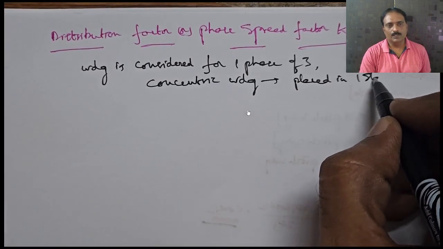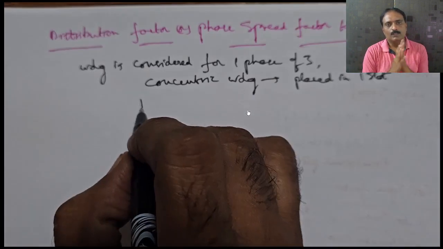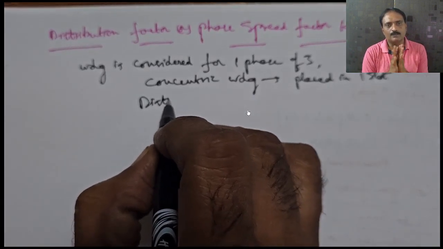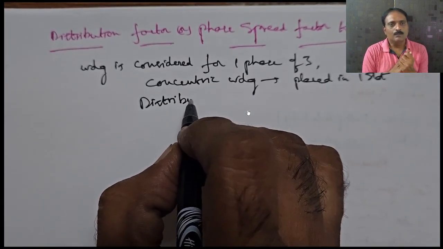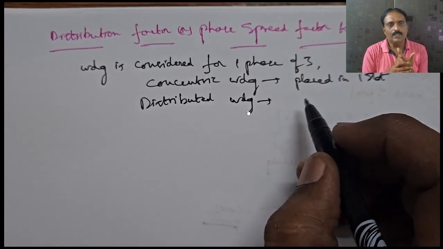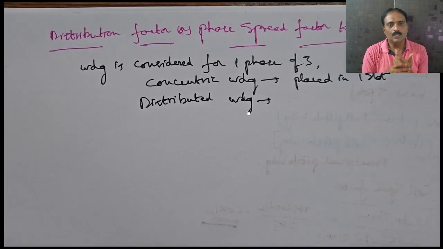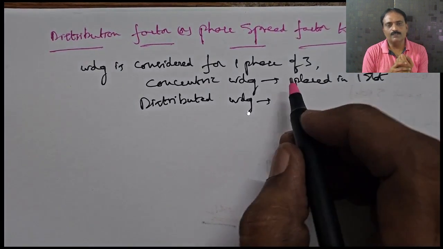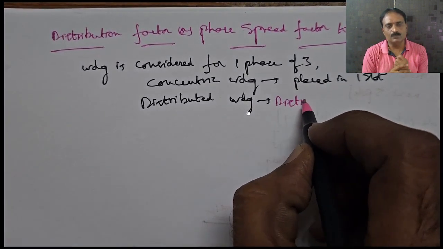So I hope that I am clear to you. Whatever winding is there, that is placed in only one slot, but generally that is not being considered. The winding is going to be distributed over the number of slots allotted to that particular phase. So that winding is known as distributed winding.